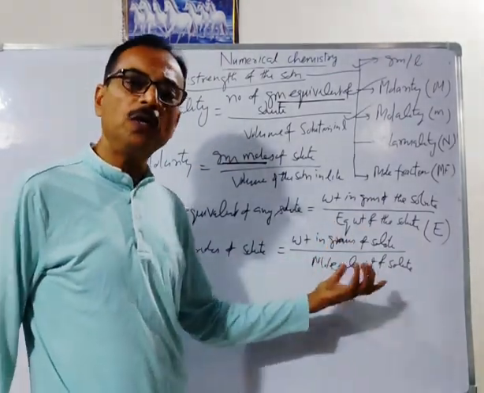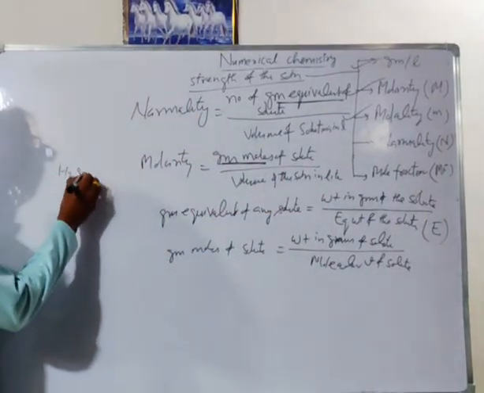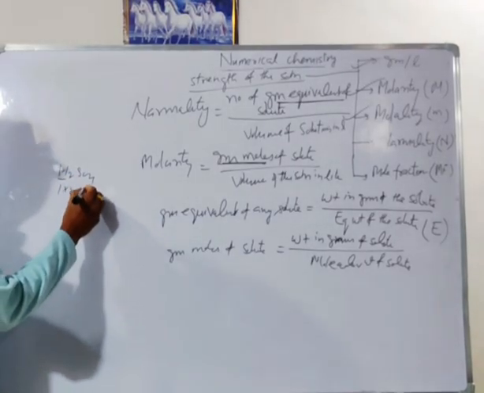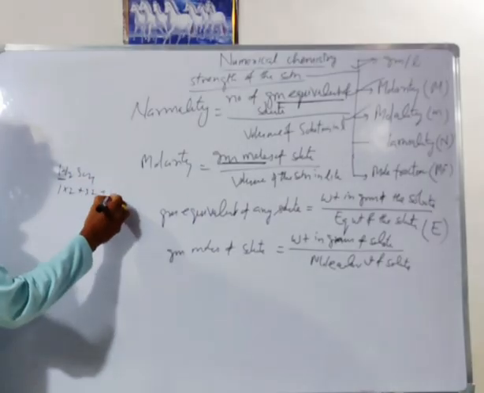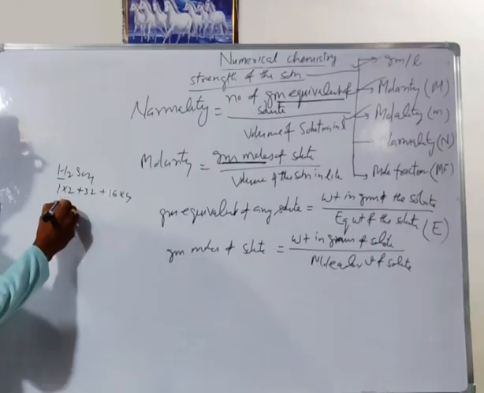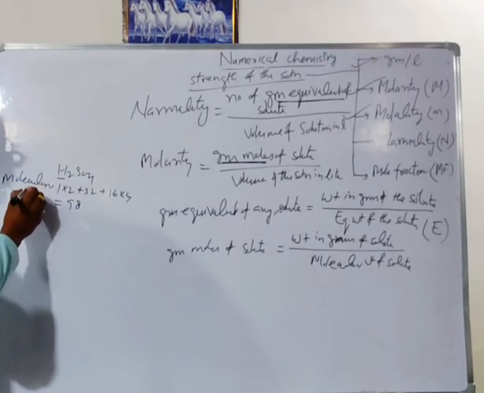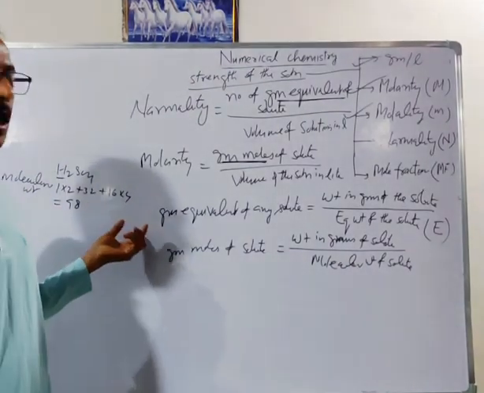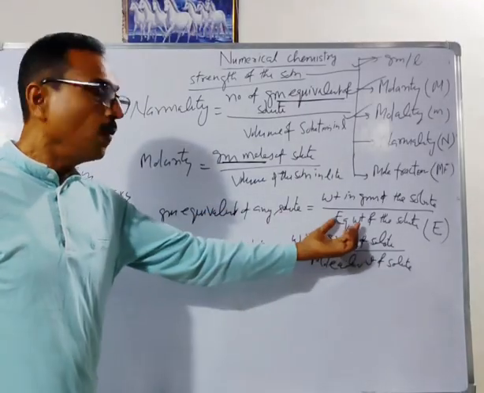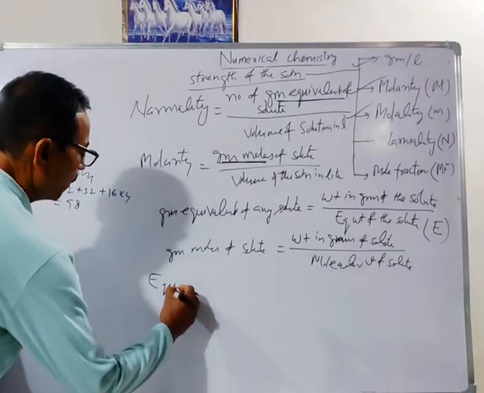Molecular weight, you have seen, is very easy. How many atoms are present in a molecule? Suppose H2SO4: 1 times 2, plus 32, plus 16 into 4. It is the algebraic sum of atomic weights. This is molecular weight, the weight of the molecule.